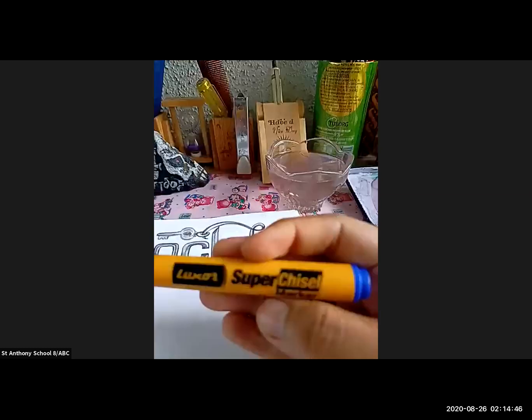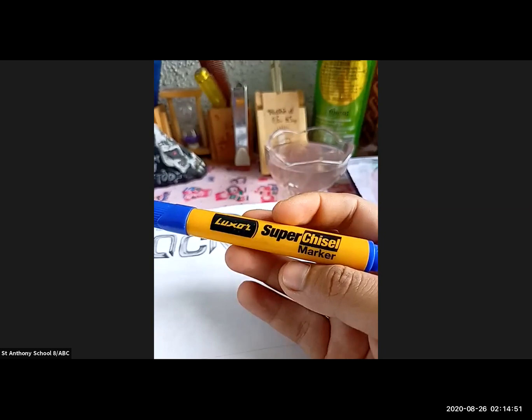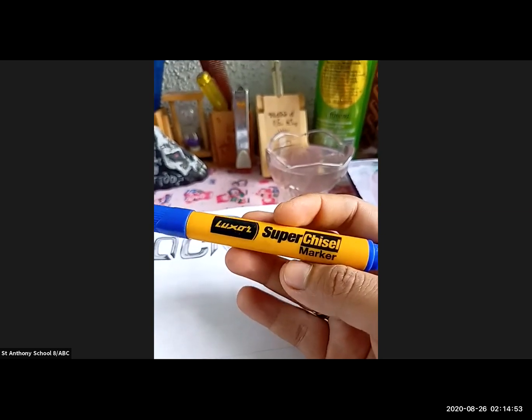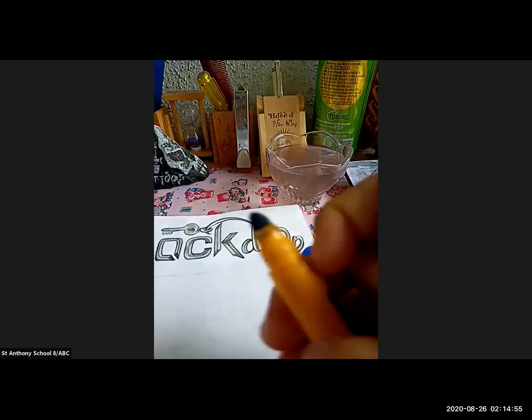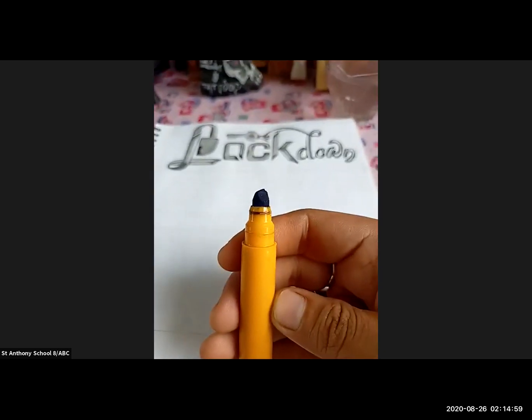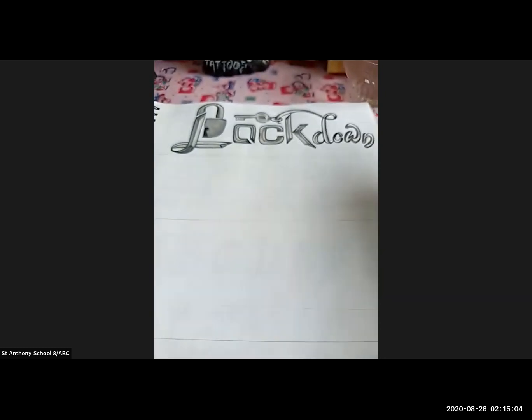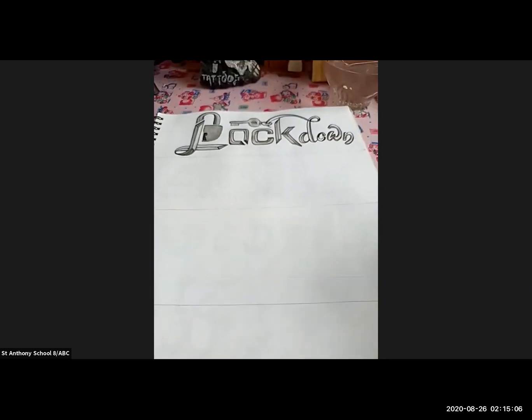This is the name of the marker. You can buy this marker and you can do the calligraphy. They already have a slant cut on this. As you can see, they already have a cut. So this can be easier for you to do the calligraphy. Okay, am I clear to each and everyone?